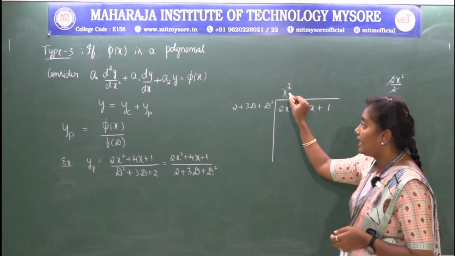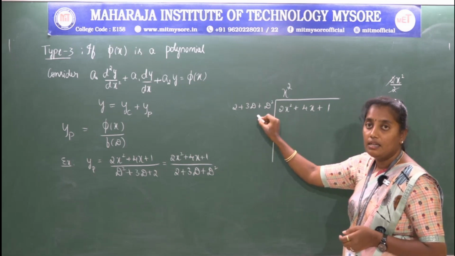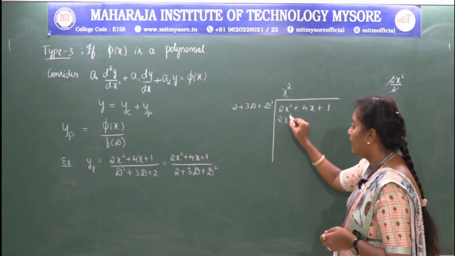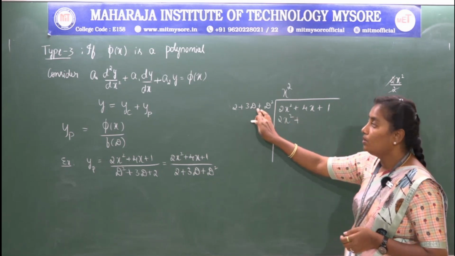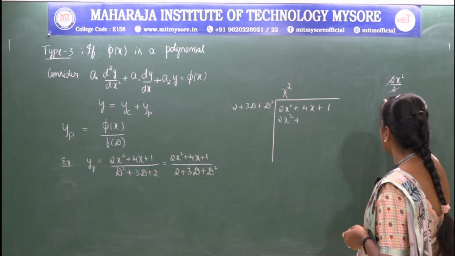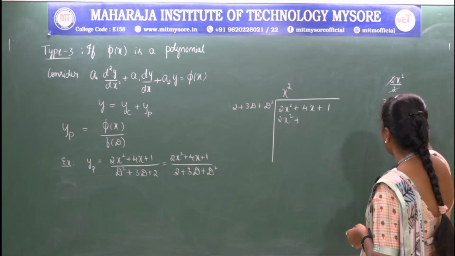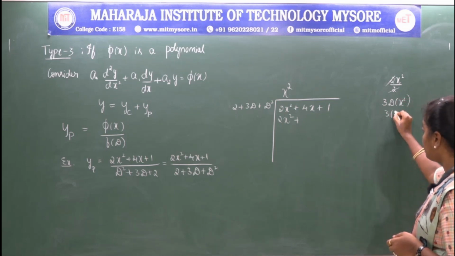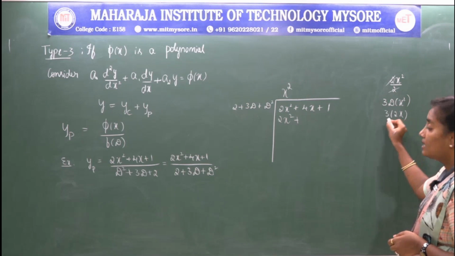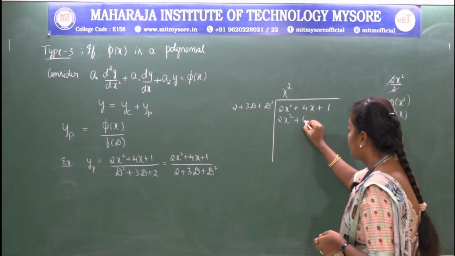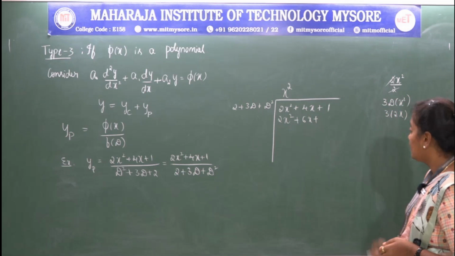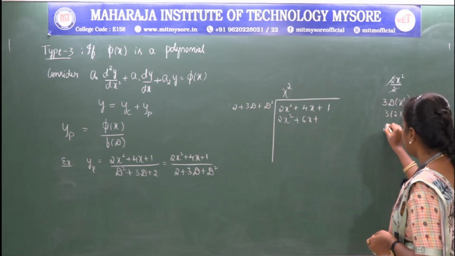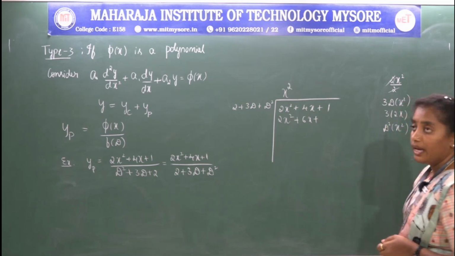On multiplying x square with each element here, we get the resultant term, that is 2 into x square, that is 2x square, plus 3 into differentiation of x square, which is 3 into 2x, resultant term 6x, plus next term is d square of x square.